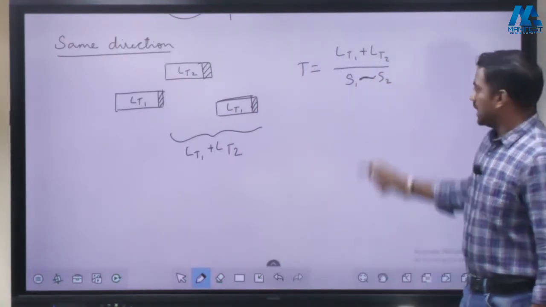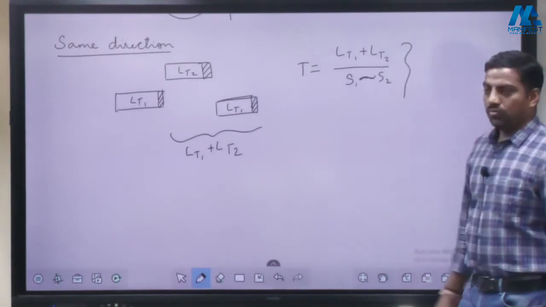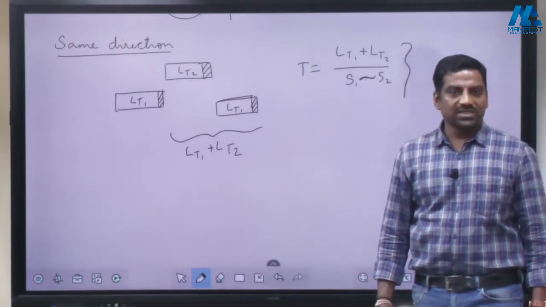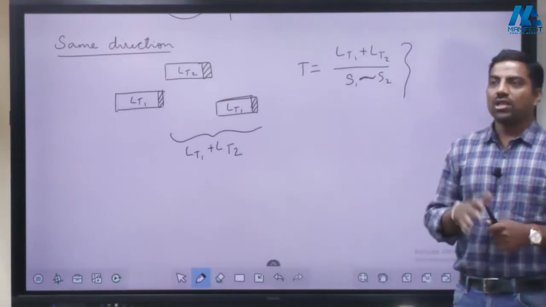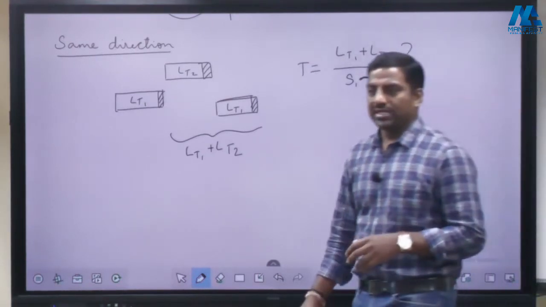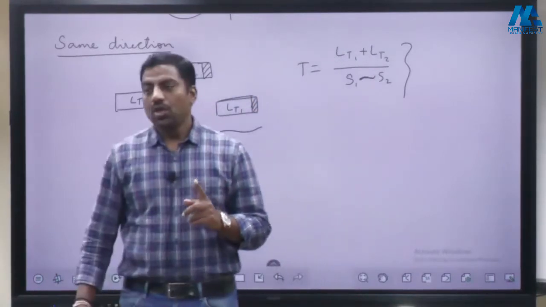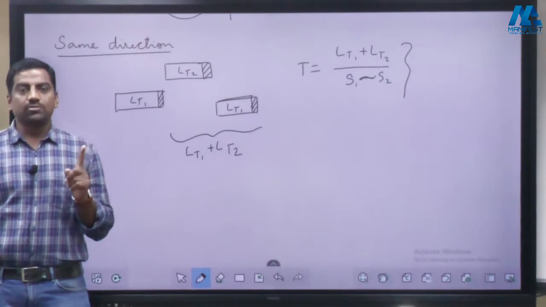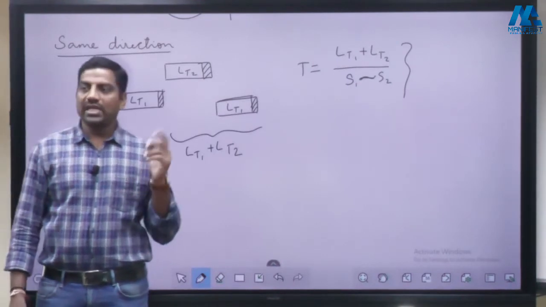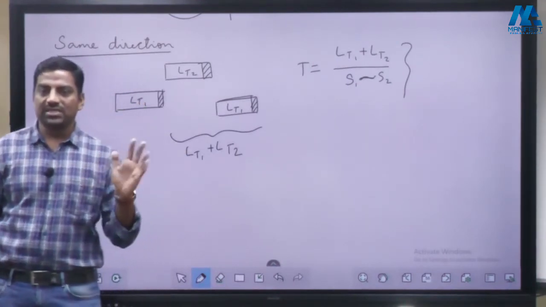Understood this? Is it tough to imagine or tough to understand? No, right? So when we think of all these four cases, in the first case, only one object is having significant length, that is the train, and only one object is having speed. So length of the train divided by speed of the train, that's it.